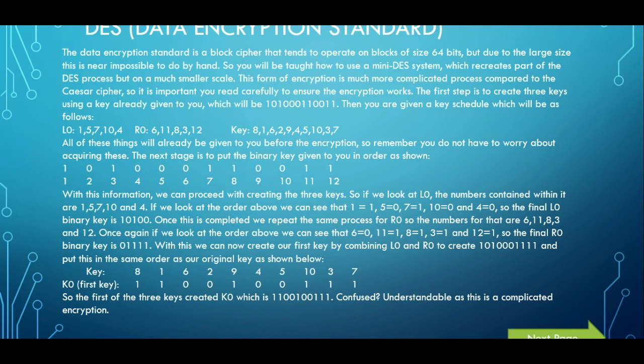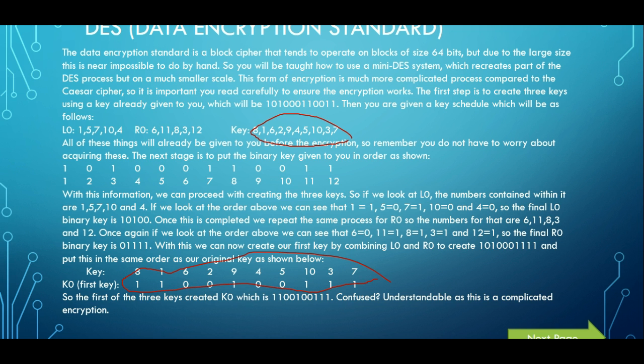We use this then to create our first key called K0. But we need to put it in the order that our key schedule is given to us. So the key schedule that is given to us up here, we need to put this key in that order. If we go down, as you can see here, we successfully put it in that order.